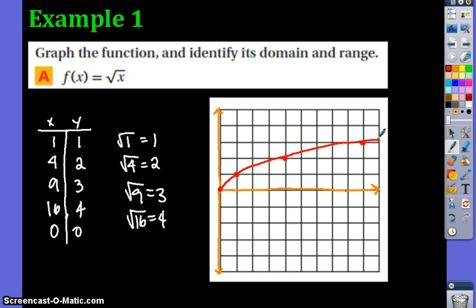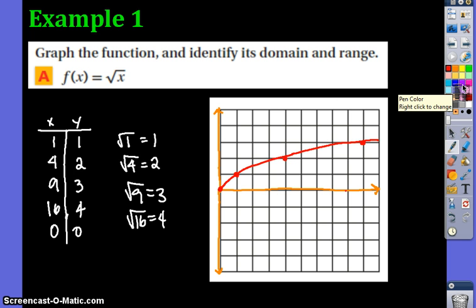And so you might be saying, okay, Mr. Peterson, I don't understand why that doesn't look like the opposite of a parabola. We have to think, first of all, that this is only the positive values.